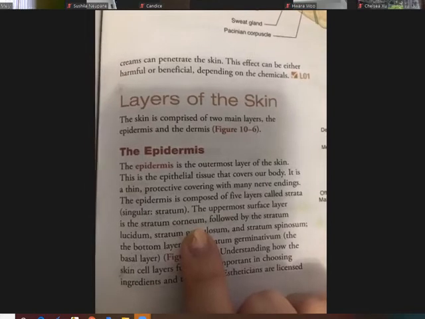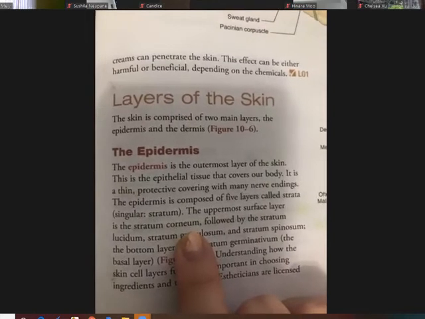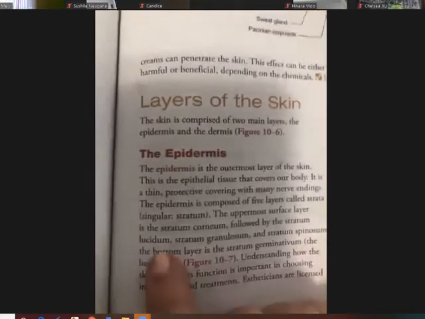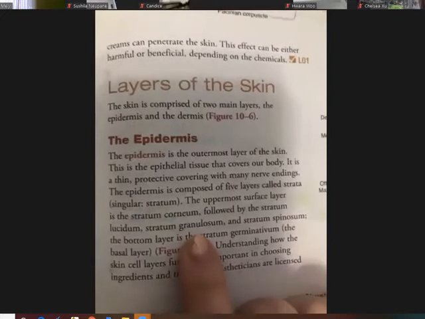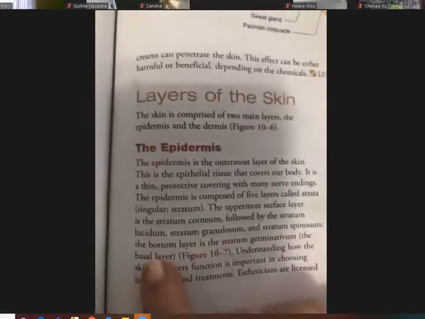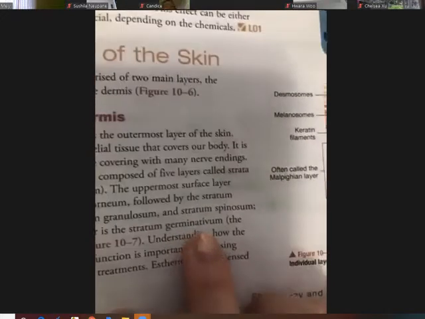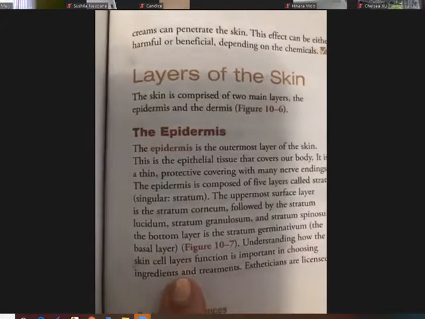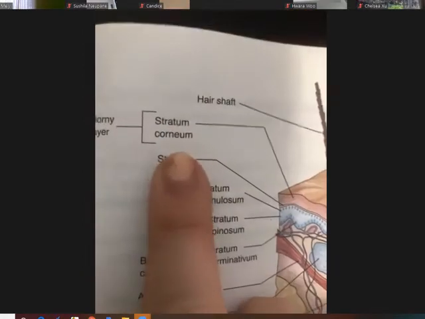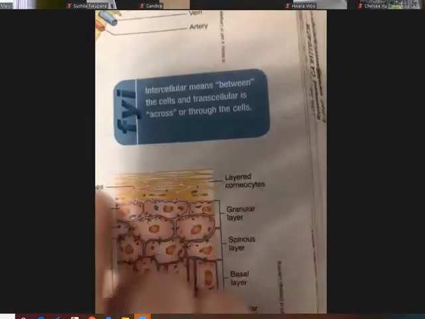So the very first layer is your stratum corneum, then stratum lucidum, stratum granulosum, stratum spinosum, and the bottom layer is the stratum germinativum, which is also called the basal layer. Now your very first layer of your skin, which is called the stratum corneum, looks like this.